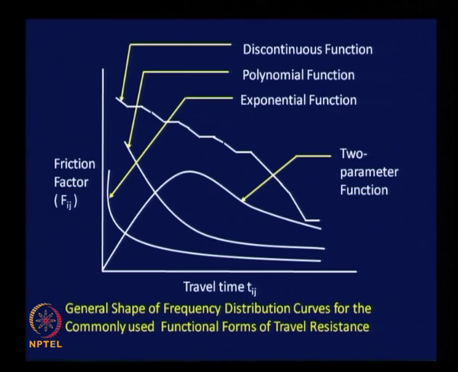And this is the general shape of frequency distribution curves for the commonly used functional forms of travel resistance or travel impedance between zones.